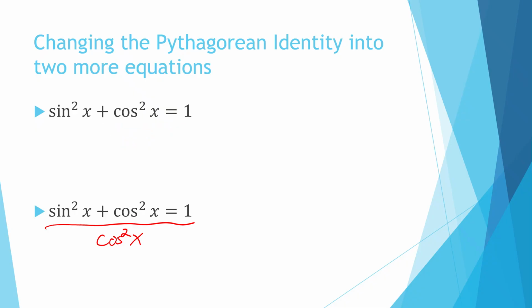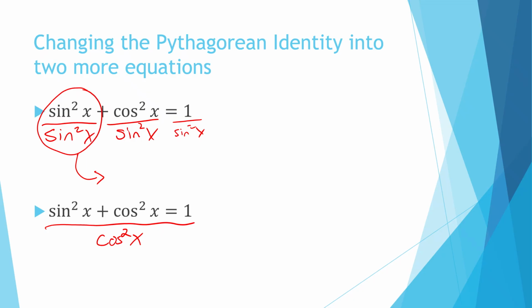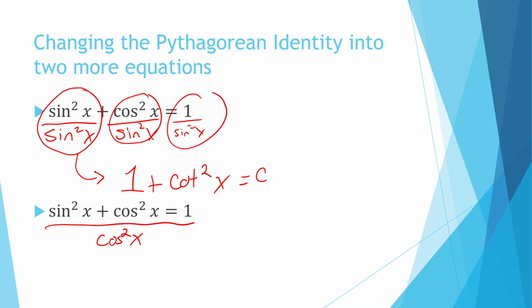What that means here is we're going to take each term and divide it by sine squared x, divide 1 by sine squared x. And here, as a resulting equation, sine over sine is just going to be 1, plus cosine over sine is cotangent, and remember it should be squared, equals 1 over sine, which is cosecant squared x.